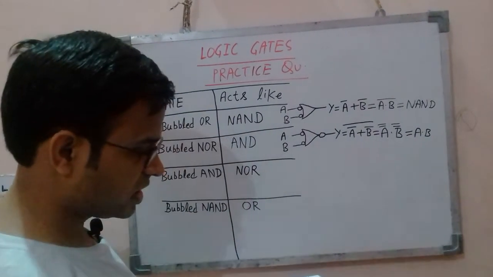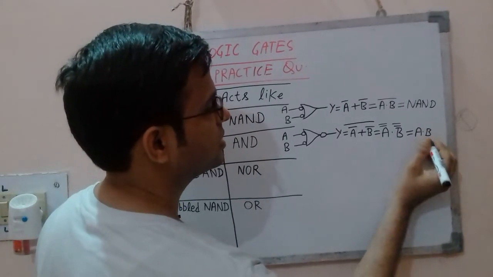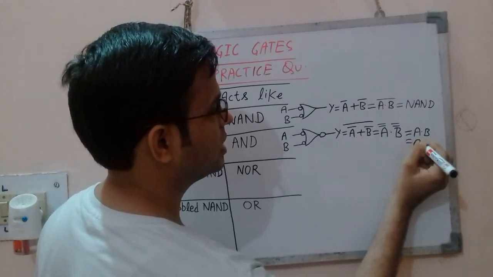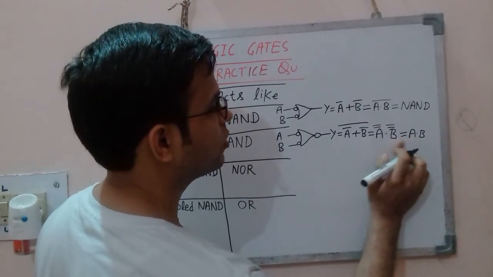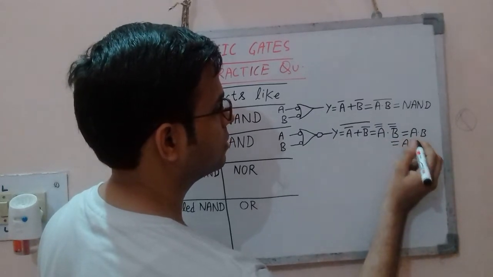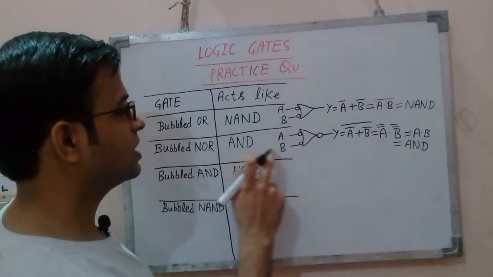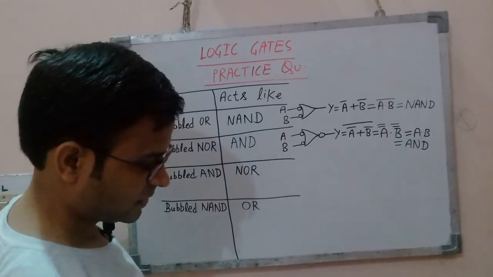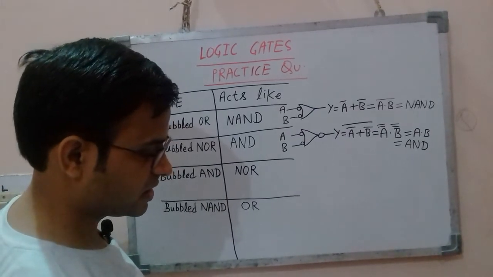Now A into B is nothing but your AND gate output. So what is the conclusion? Conclusion is that bubbled NOR gate is nothing but AND gate. Bubbled NOR gate is acting like an AND gate.